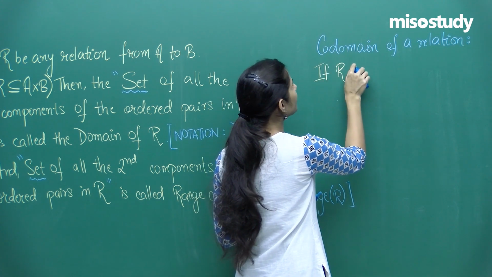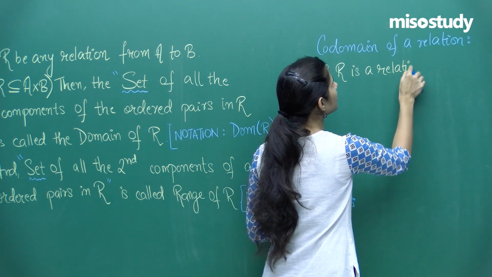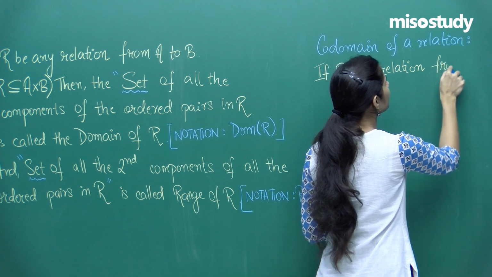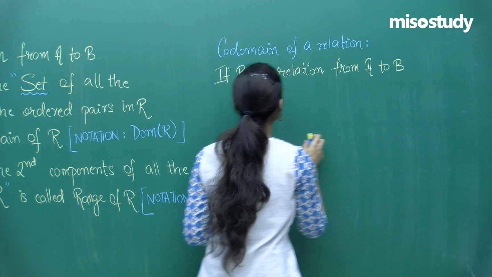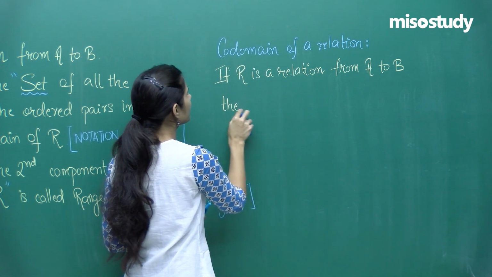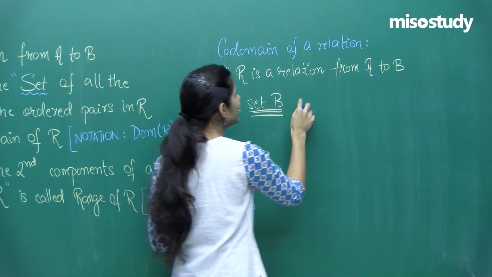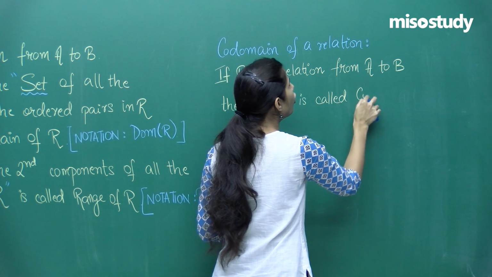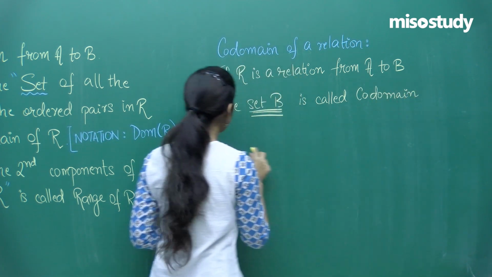If R is a relation from the set A to the set B, then the set B is called the codomain of R.